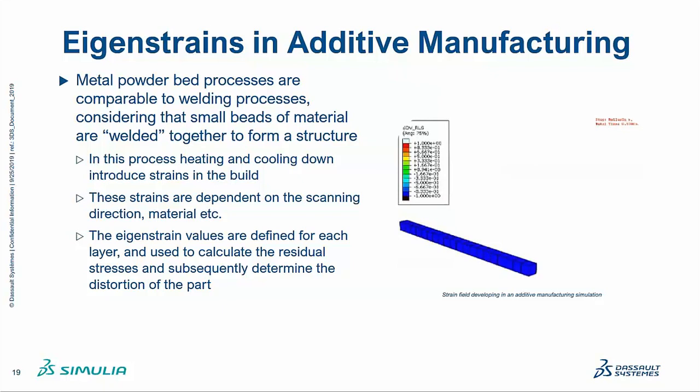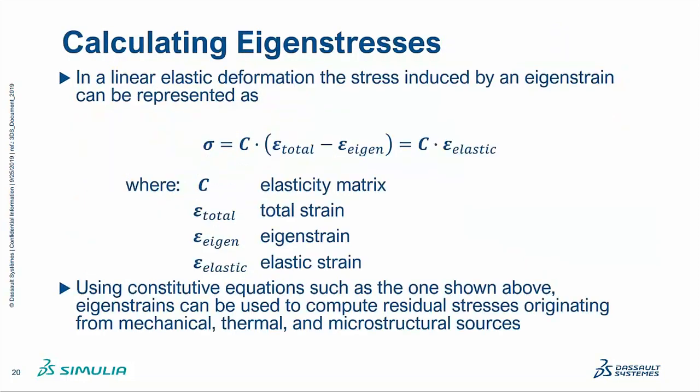So the thermal properties of the material, or the thermomechanical manufacturing properties, are extremely vital to understand. The eigenstrain values are then, in this case, defined for each layer, and you can use them to calculate the residual stresses and subsequently determine the distortion of the part itself.